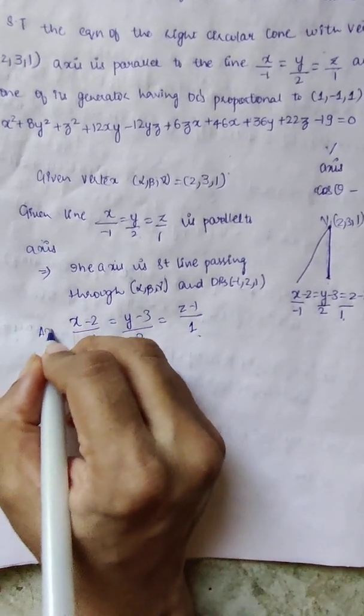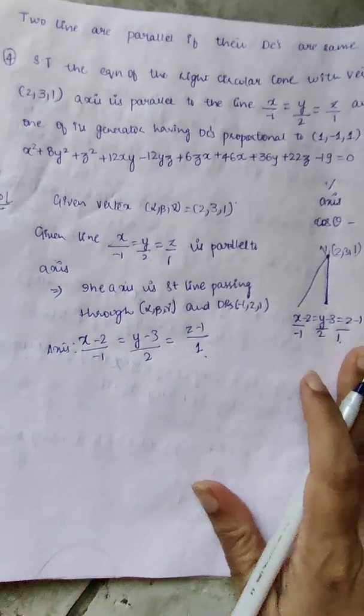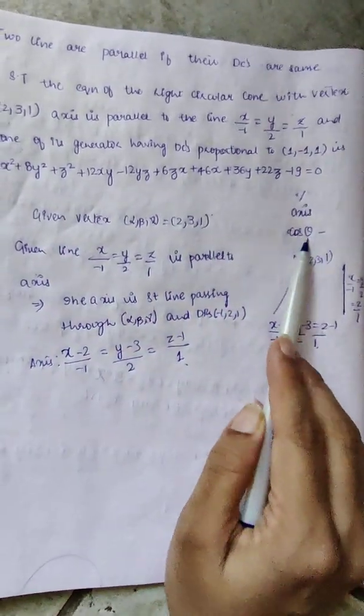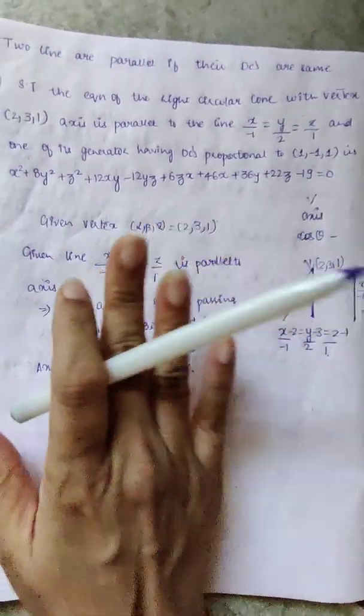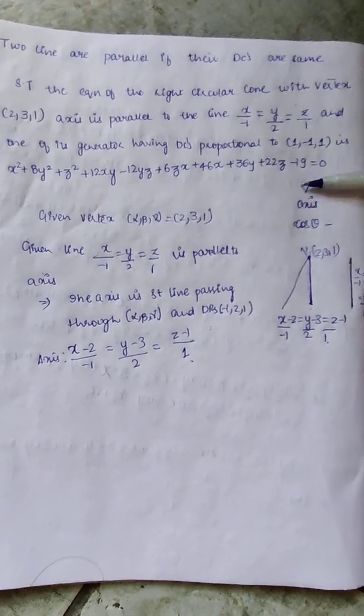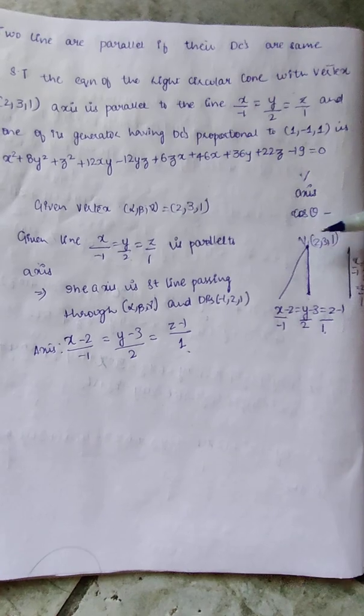So he was asking for the axis. I got the axis. What else do I need, girls? I need to construct my cos theta. When I am constructing the right circular cone, I should have the vertex and the axis, both of which I have constructed. Now I need to construct the angle cos theta.